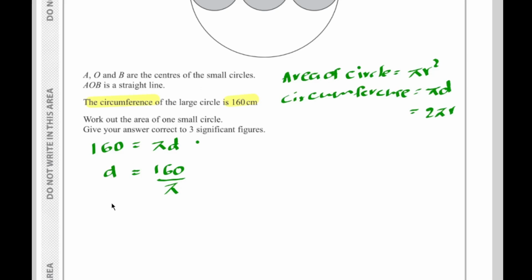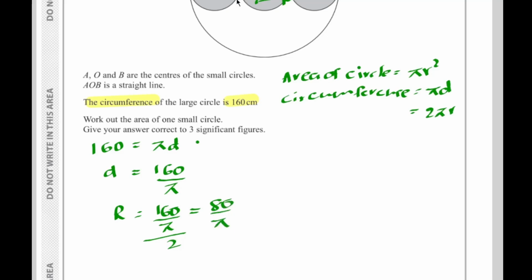Let's get the radius of the bigger circle. Since it is the bigger one, I'm going to use the capital R for that. So R equals 160 over pi over 2, which becomes 80 over pi.